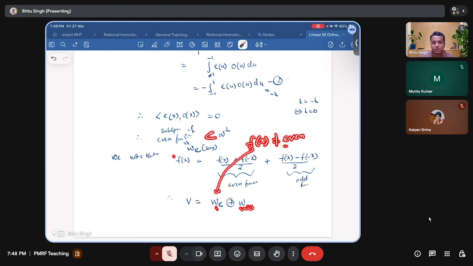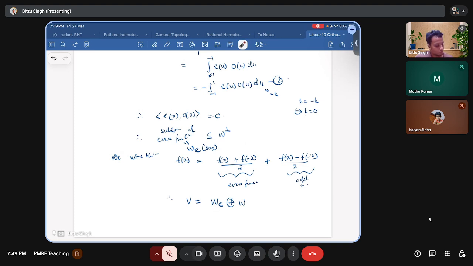Which is a contradiction, because we are considering the complement.